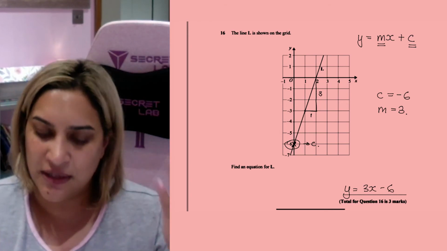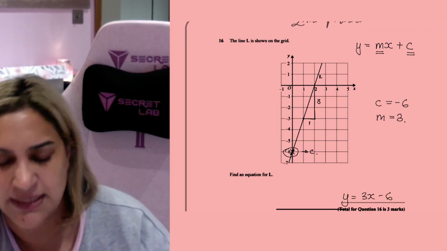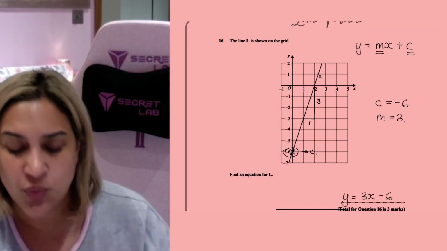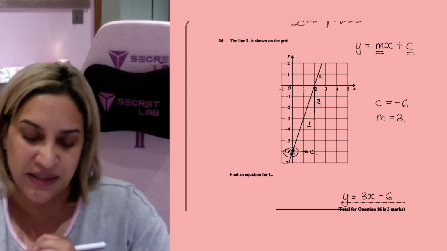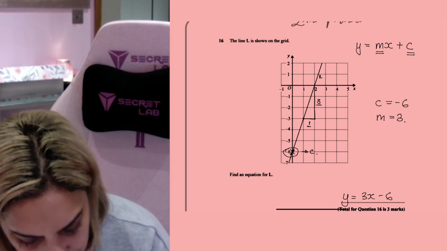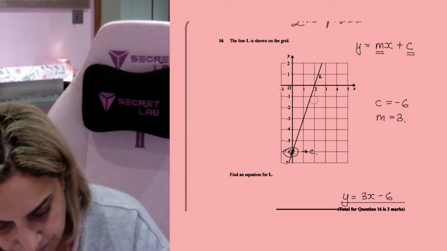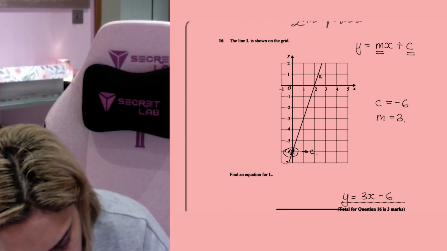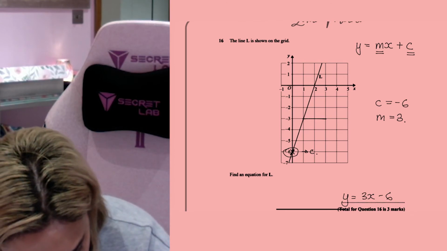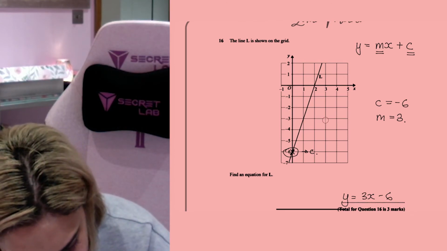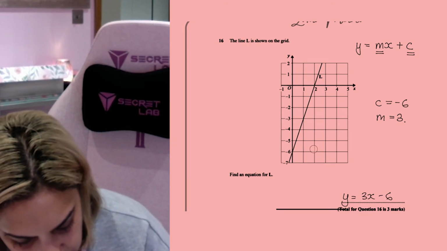Now the other way that you may have seen a gradient is to draw a triangle like this. And you may have learned it as rise over run, or the change in y over the change in x. So essentially you're doing this 3 divided by this 1. But we could have made that square bigger. Let's start down here.